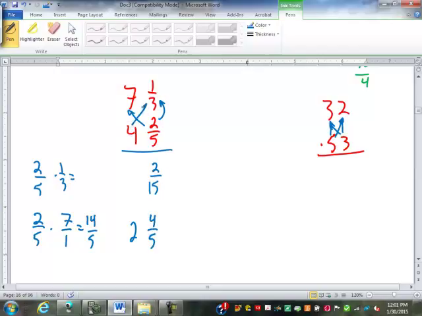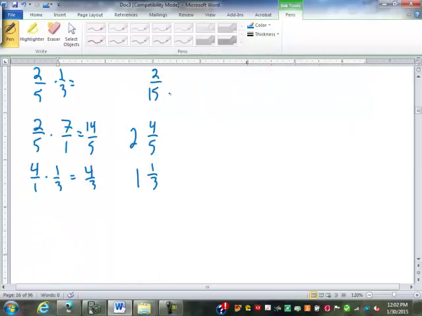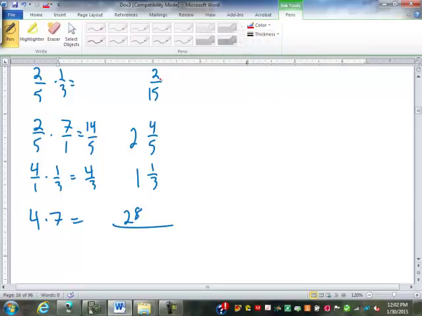Then we move to the 4. 4 times 1/3. 4 over 1 times 1 over 3 is 4 over 3, or 1 1/3. And 4 times 7 is 28. Now we have to combine all those, which means we need common denominators. It's going to be 15, so I'll stay 2/15.